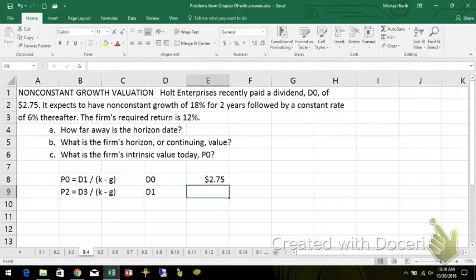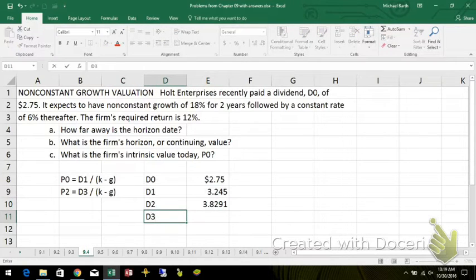D1 is going to be that times 1 plus the non-constant growth rate of 18%. And then the dividend in year 2 is going to be that times 1 plus 0.18. So it's going to grow at 18% for year 1 and 2.